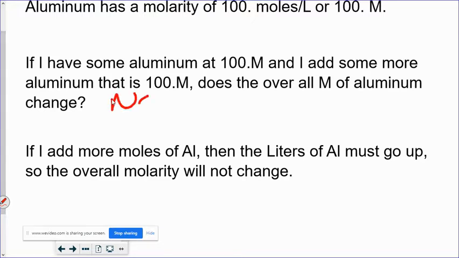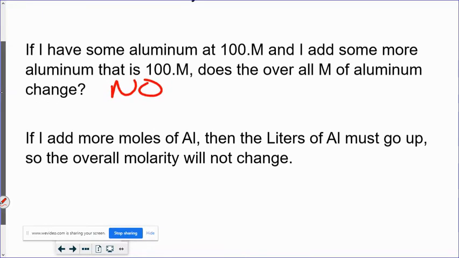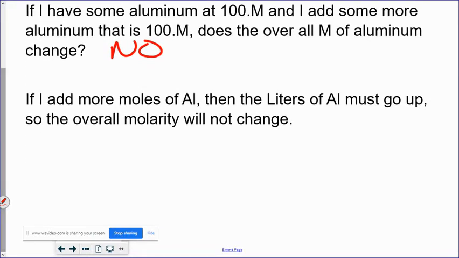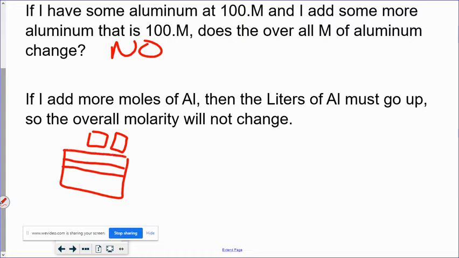And the answer to that is a big whopping no. If I add more moles of aluminum, then the liters must go up. So if here's my chunk of aluminum and I put it into a bucket of water, the water level is going to rise. Well, if I put 2 chunks of aluminum in there, the water level is going to rise twice as much. So the more moles you add, the more liters you get.